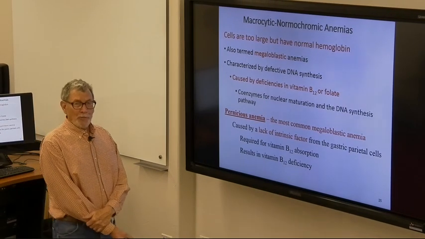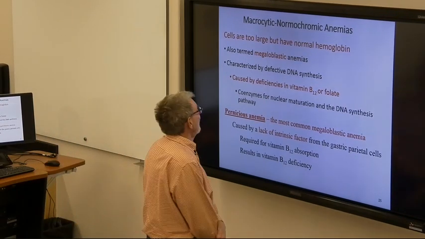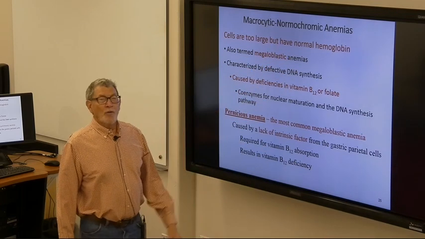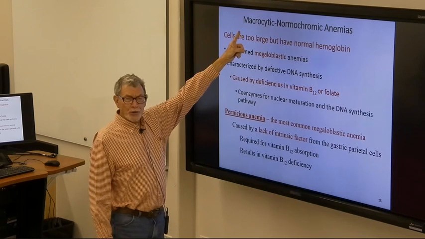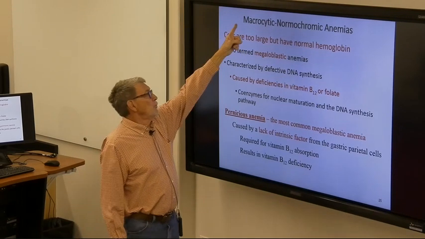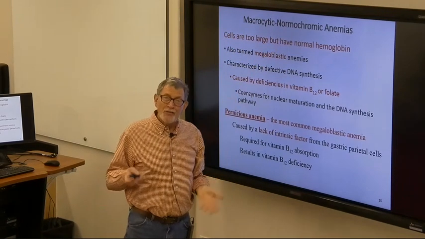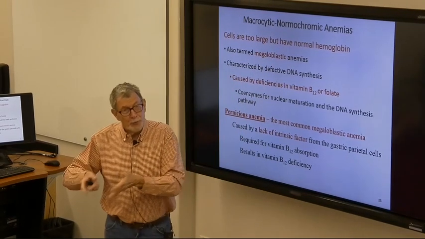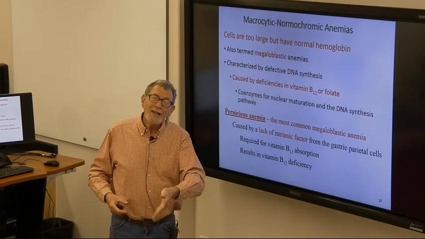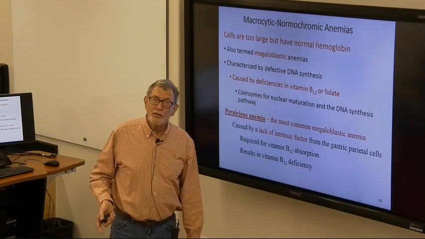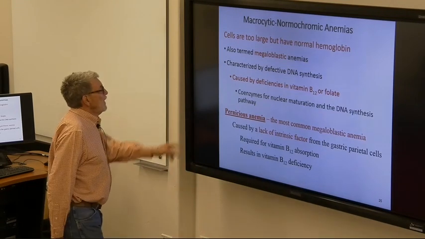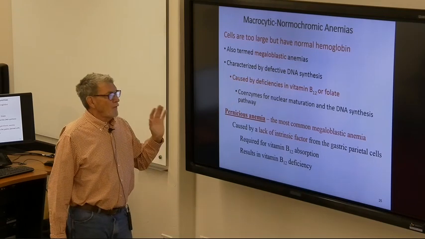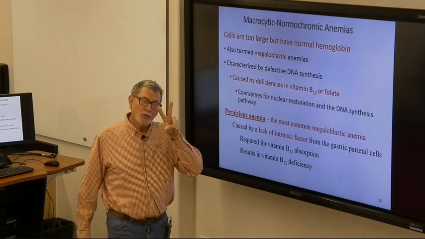Let's look at a couple of these anemias. What if you're macrocytic but normochromic? Well, that means you have some cells that are too big, but their hemoglobin is okay. The big problem with this is they don't fit through capillaries, so you can't get the oxygen delivery to the tissues that you need. Megaloblastic anemia is another term for it, and they're almost entirely two types.